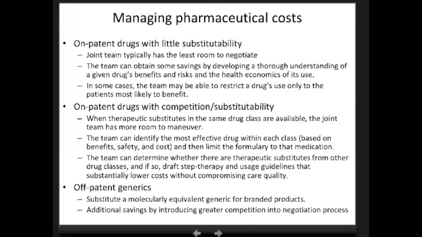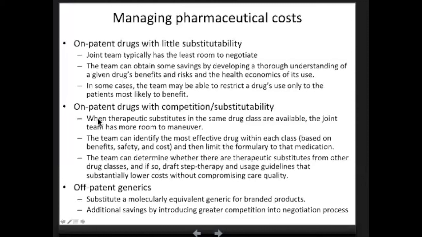And in some case, identifying if there can be some segmentation with regards to which drug can be potentially aimed at which patient based on its likely benefit, most likely benefit. So that's why clinicians' involvement is extremely important in such decisions.